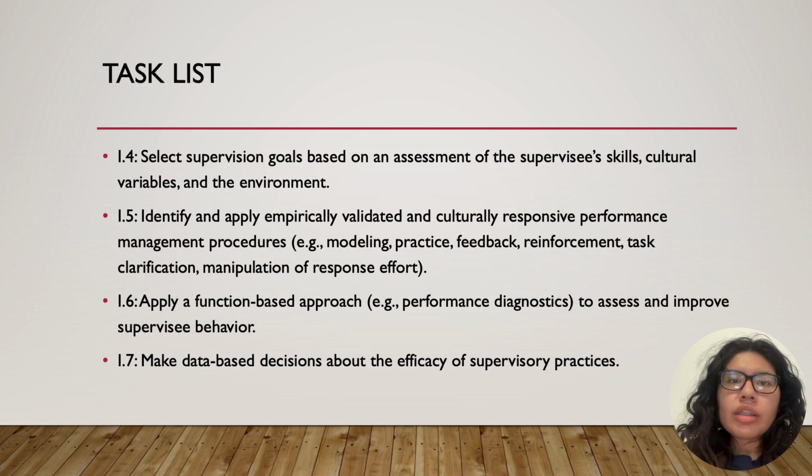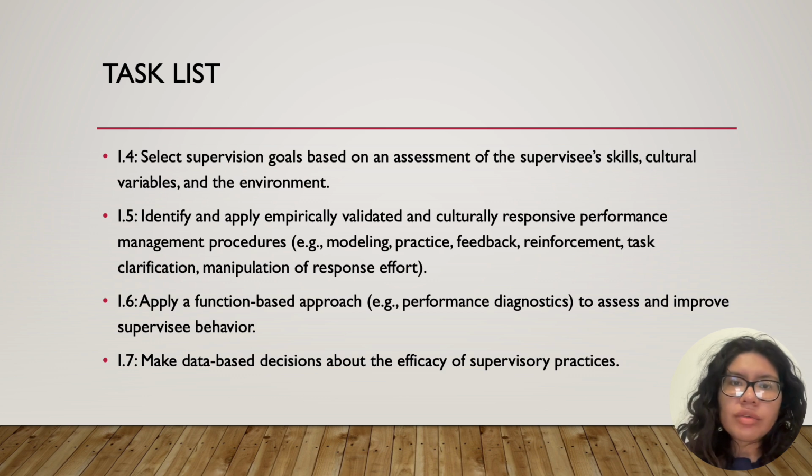Now lastly, we're going to look at the task list. So we worked on I4. We selected supervision goals based on an assessment of the supervisory skills, cultural variables, and the environment. We also worked on I5. We identified and applied empirically validated, culturally responsive performance management procedures using modeling, practice, feedback, reinforcement, task clarification, manipulation, and response effort.